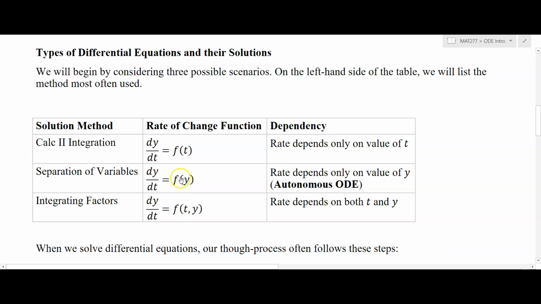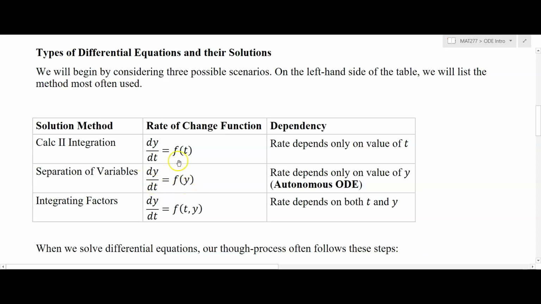We'll look at a couple of examples shortly, but one context is where the rate at which a population is changing is usually not dependent on what year it is, but how fast a population is growing probably depends on how big the population is, right? Because if you think about only 100 couples, for example, can only produce so many kids, but 1 million couples could produce way more kids.